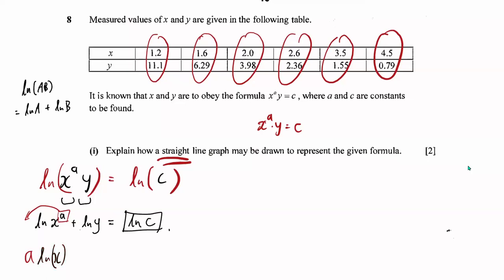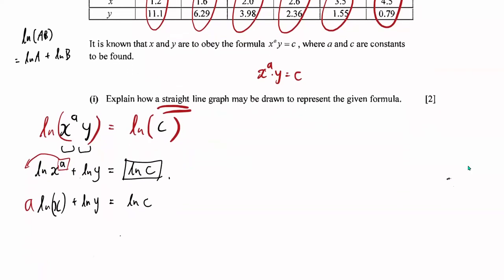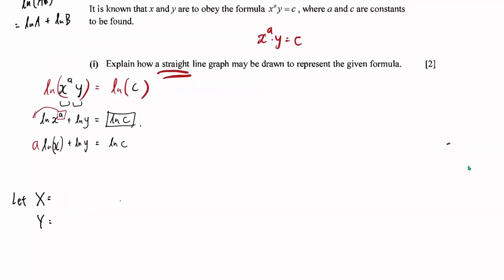So, as you were saying at the beginning, big X and big Y. Now, after you take the logarithm, can you see who's your big X and who is big Y? Let big X equals, big Y equals. What's a good choice? We can modify it a bit more before you carry on with the substitution.